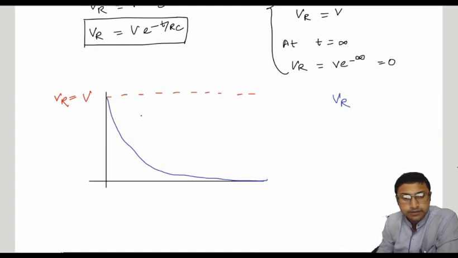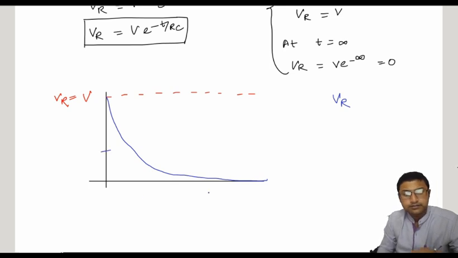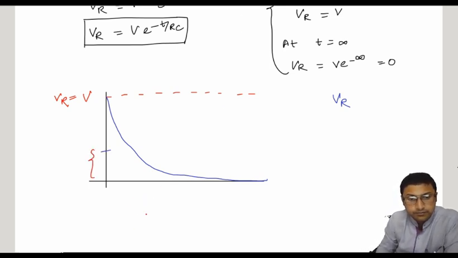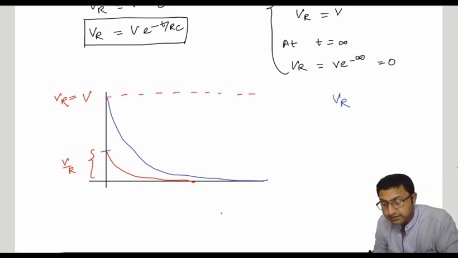Similarly, suppose this is V, and if I measure this portion, it is more or less V by R, that is 5 ampere. So if I draw the line again, it will start from V by R and fall to 0 ampere.